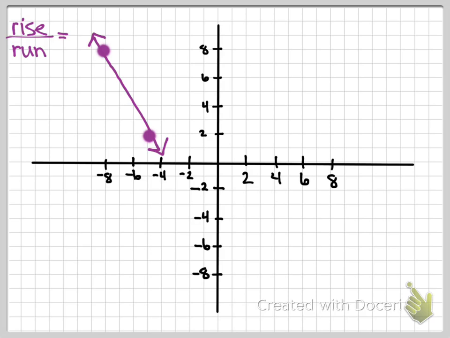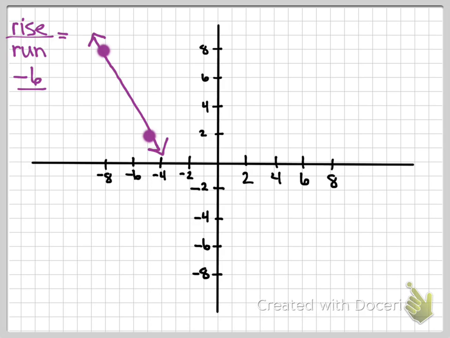So what's my y value in the first point? It's an 8. What's my y value on the second point? 2. So what's my change in my rise? -6. -6 because it's going down. Okay, so my rise is -6.